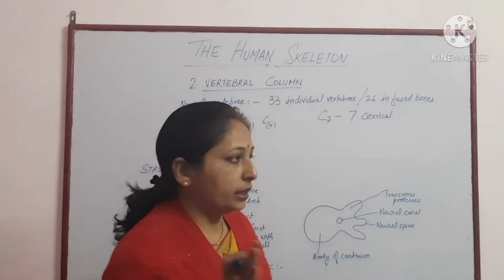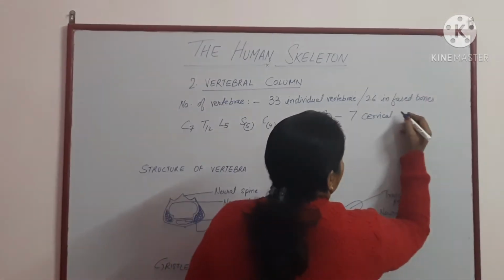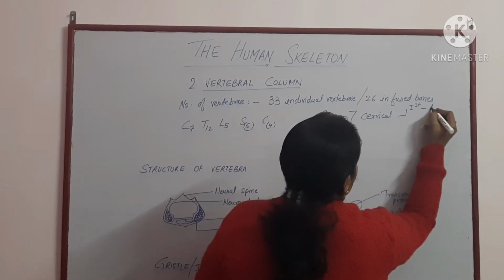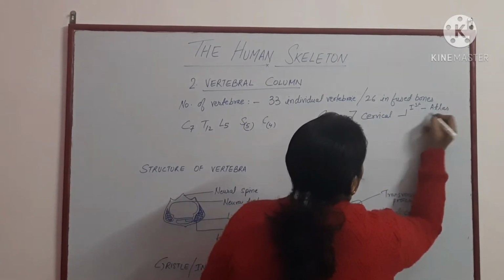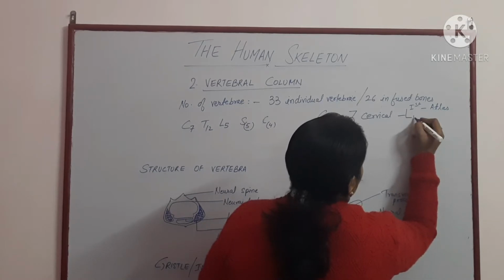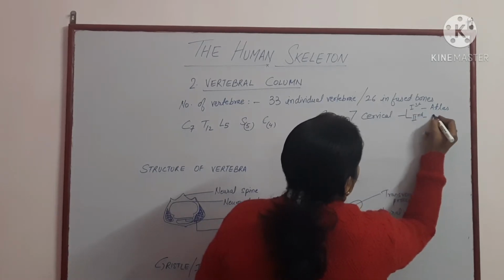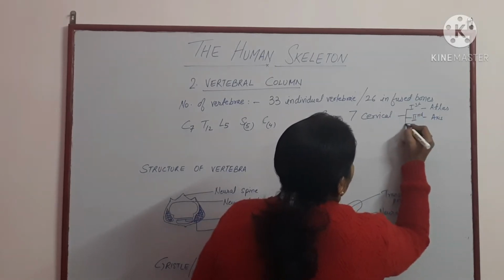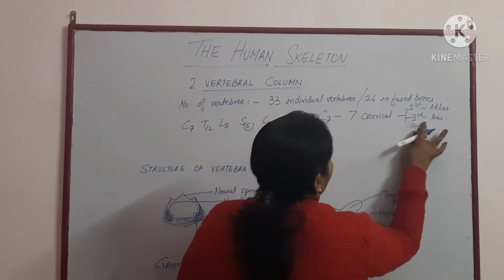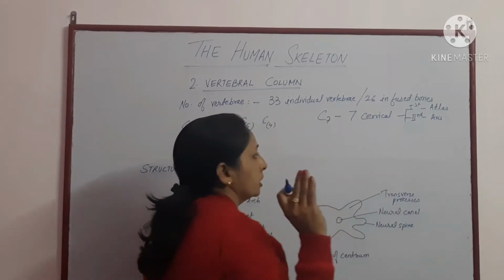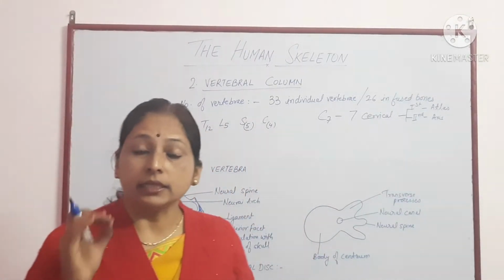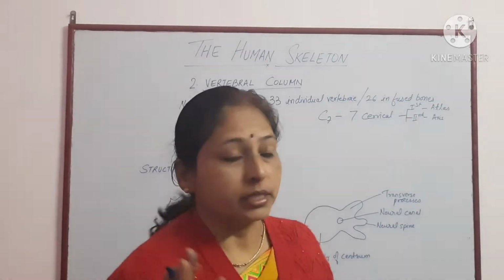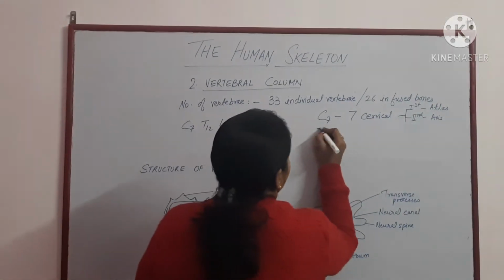In these 7, the first is the atlas and the second is the axis. After that the third, fourth and fifth come. So first is atlas and second is axis. These two are part of the 7 cervical vertebrae. Then T12.